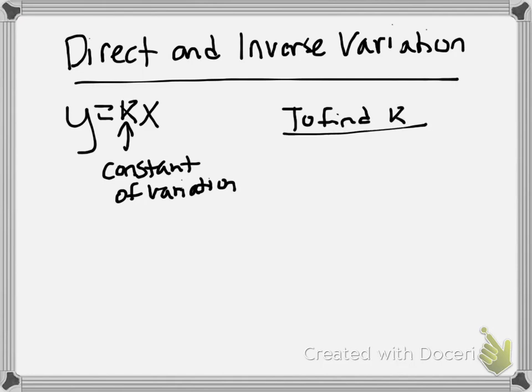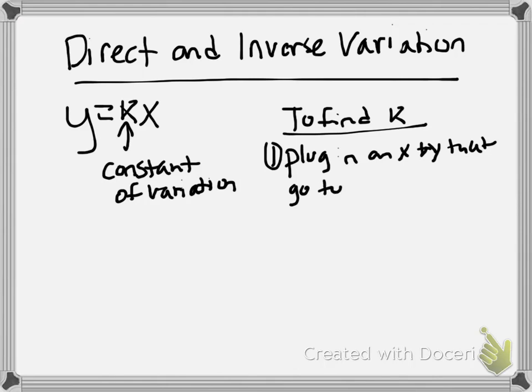you have two methods. You can either plug in an x and a y that go together, that plug and chug method, where you plug in the x, you plug in the y, and then just solve for k.